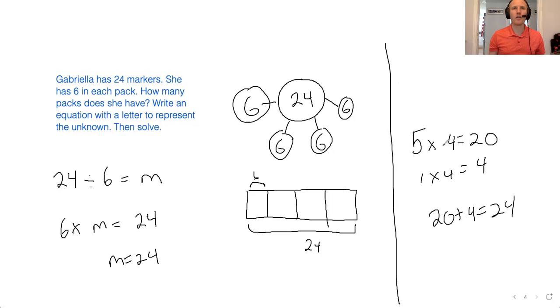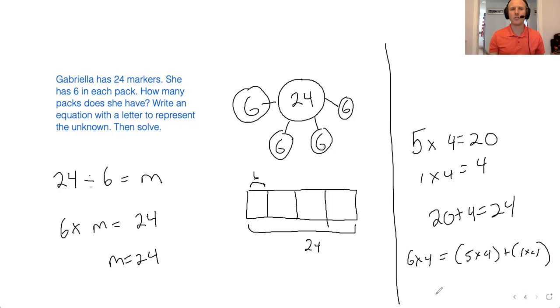So this is another way that you can solve it. You can take that 6 fact and break it into a 5's fact, because 5's facts are really, really handy. They're really useful. And so basically what you're saying is 6 times 4 equals 5 times 4 plus 1 times 4. And you're solving it that way.